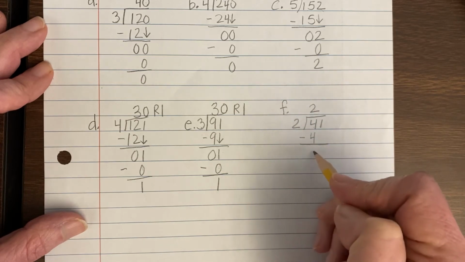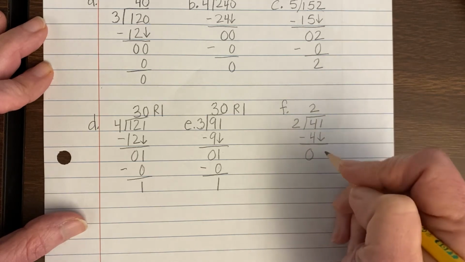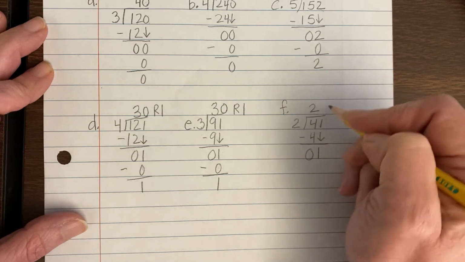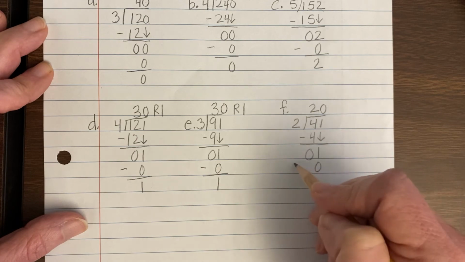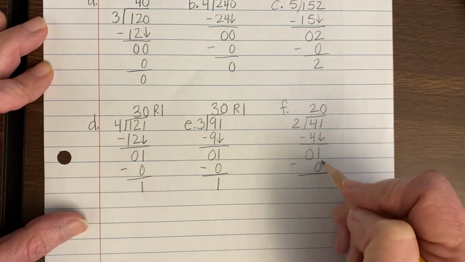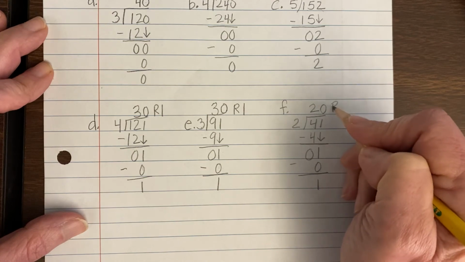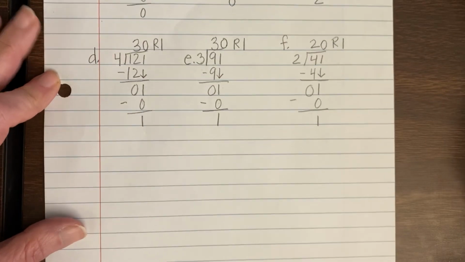We subtract, we get 0, but we're not finished because we have to bring this 1 down. How many times does 2 go into 1? Well, that would be 0. 0 times 2 is 0. And then 1 minus 0 is 1. So F is 20, remainder 1. And we have one more.